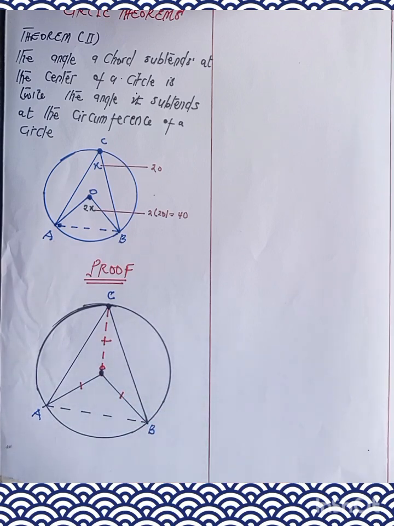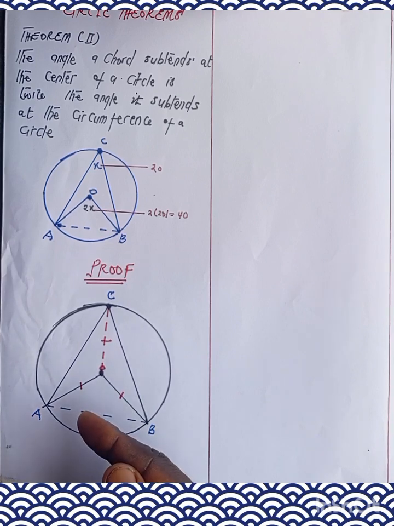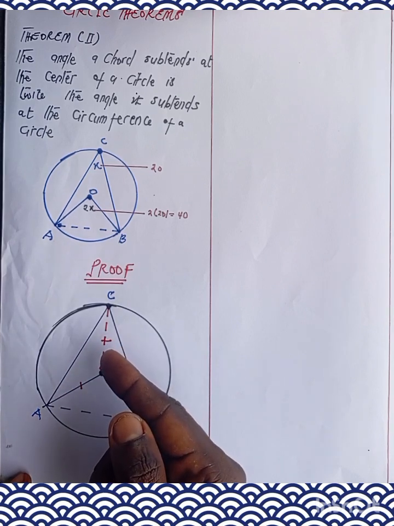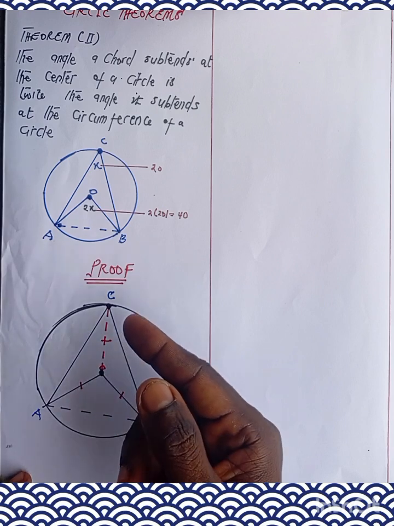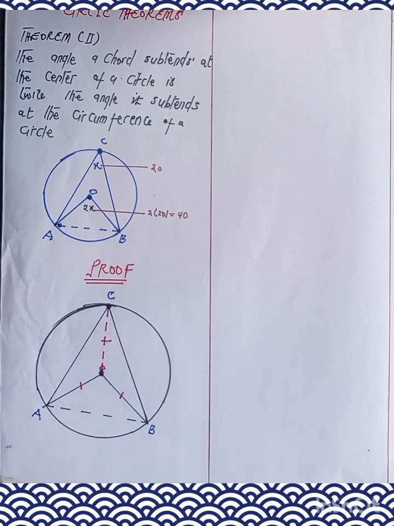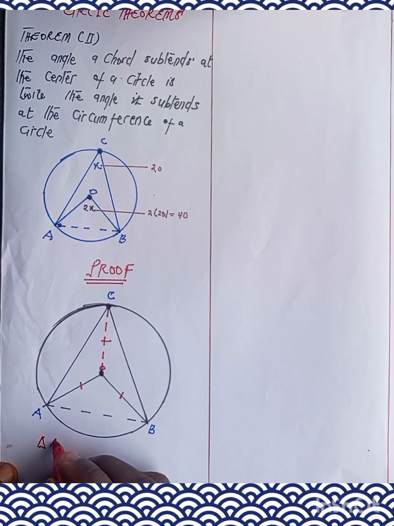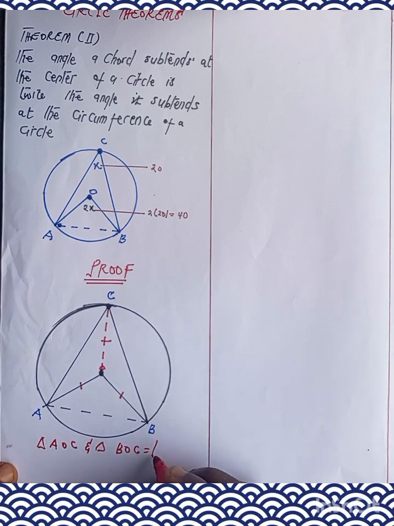Now we can see that we are getting what we call an isosceles triangle, because we have two sides that are equal, and if two sides are equal, then their base angles too are equal. So you can say that triangle AOC and triangle BOC are both isosceles triangles.